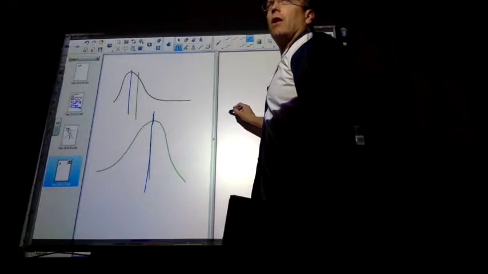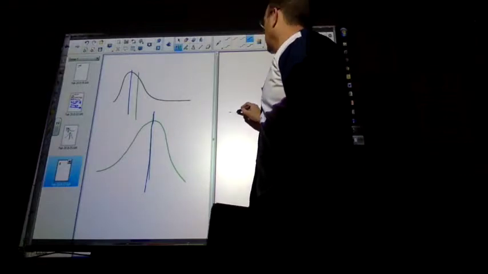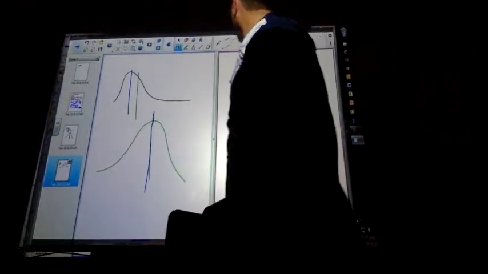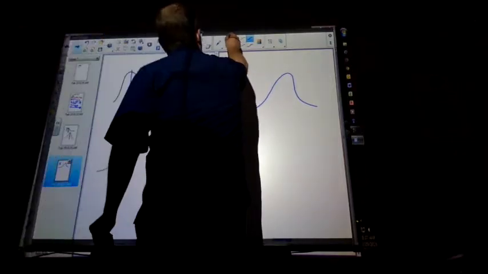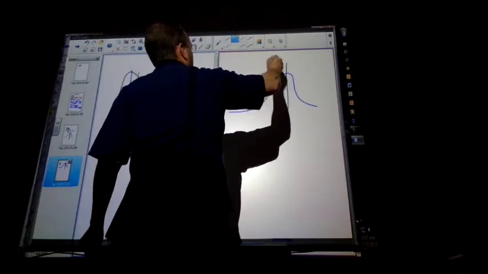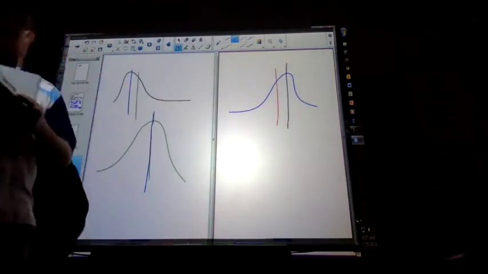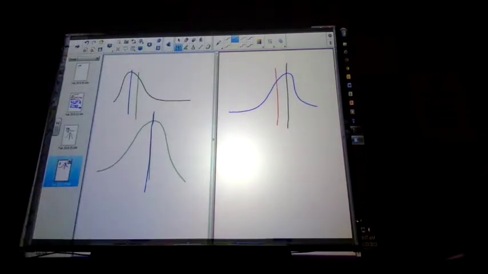Longer tail to the left or longer tail to the right? It's going to do that. So you're going to have the average on the large scores, then you had a couple scores that were low, so it's going to skew it to the left. So I have a black line, and then I have a red line. Which one is the mean? The red. The tail to the left will pull it that way. Okay?